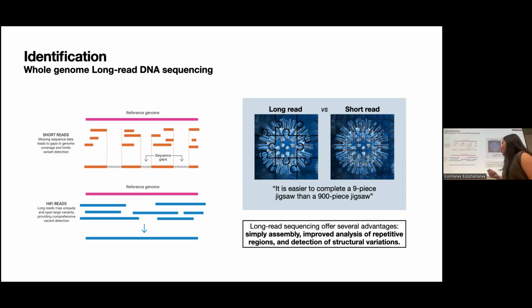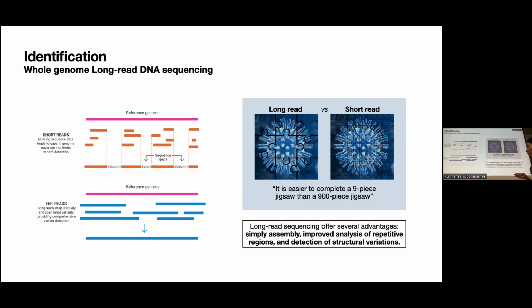Long-read means a long fragment of DNA, which is a key advantage because you get a larger span of DNA. With multiple long spans of DNA, assembly is often easier because you have multiple overlaps.